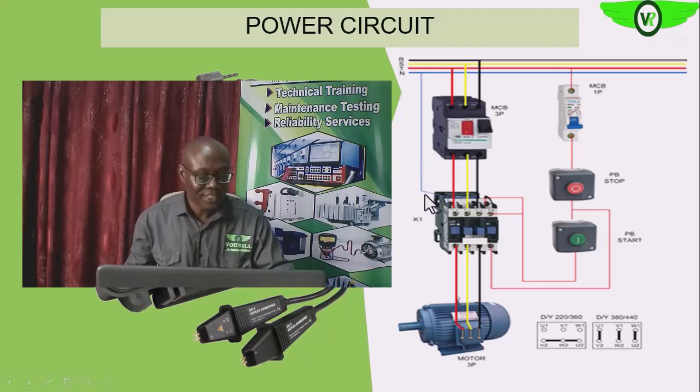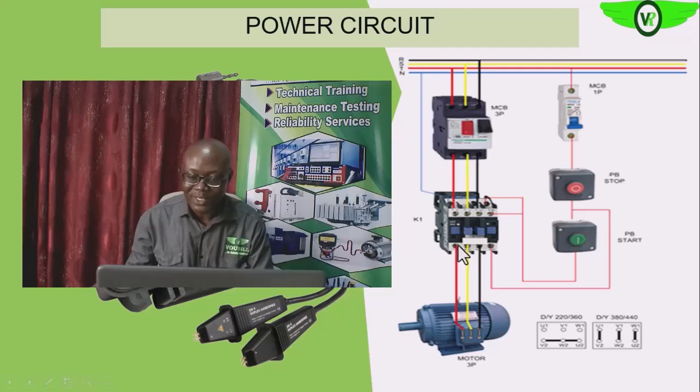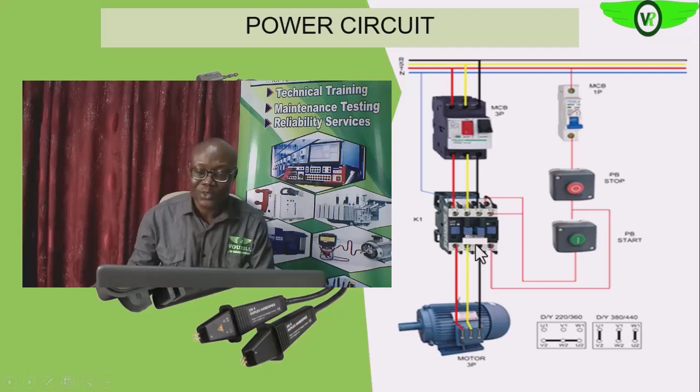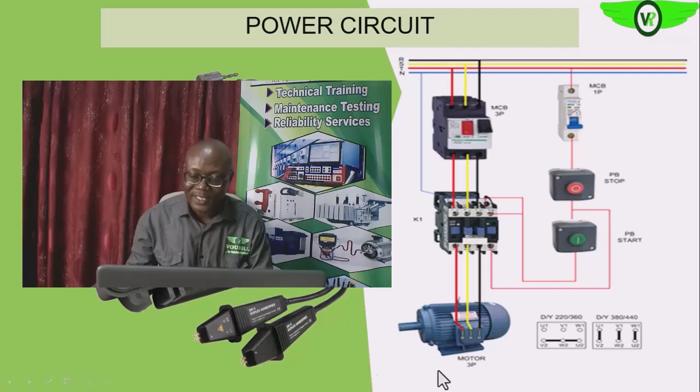So you need to check to ascertain which area in the circuitry is actually causing this unbalance. Remember, we started the test at the MCC. So you can go to the motor in the field, disconnect these three terminals, and test the winding resistances.